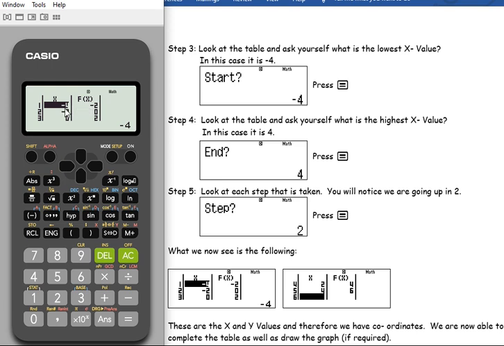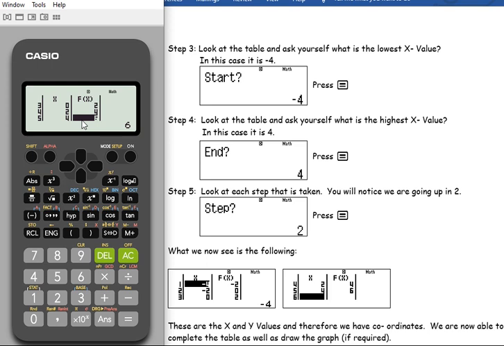So to read this off, minus 4 and minus 2, minus 2 and 0, 0 and 2, 2 and 4, 4 and 6. So that there, your calculator has now gone and given you the coordinates.